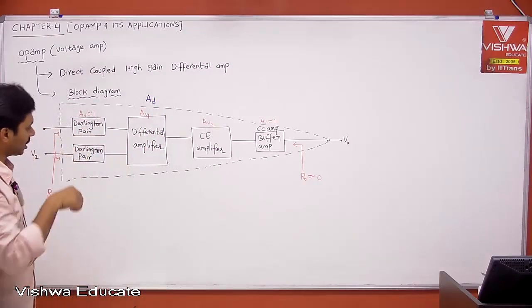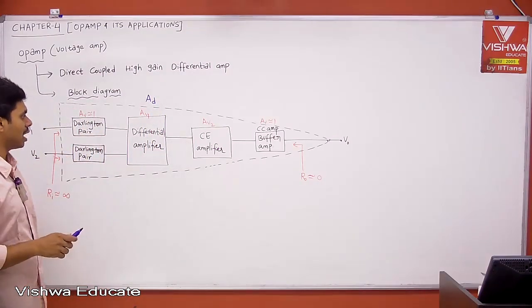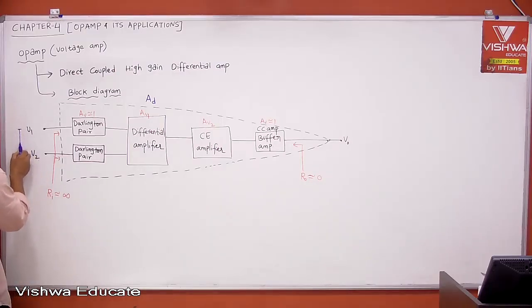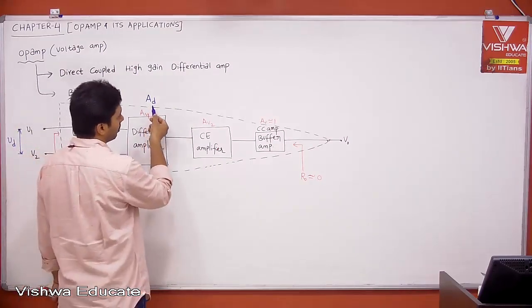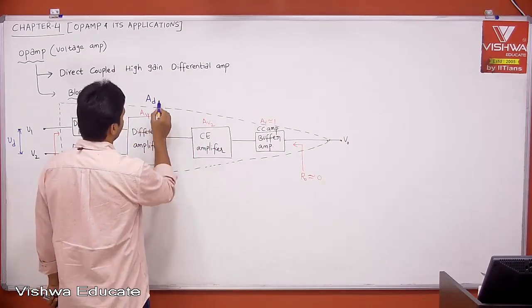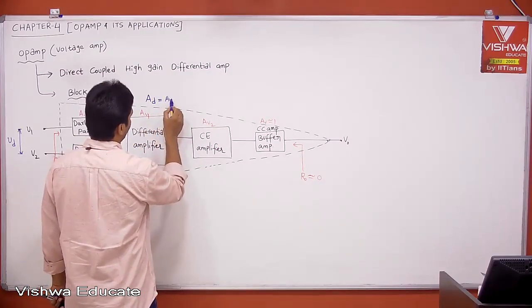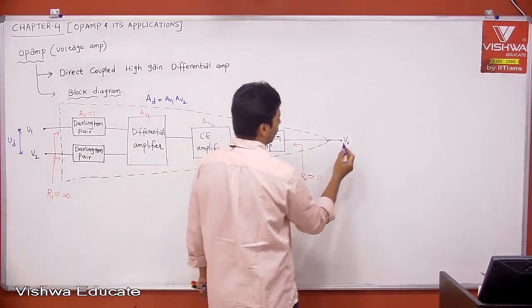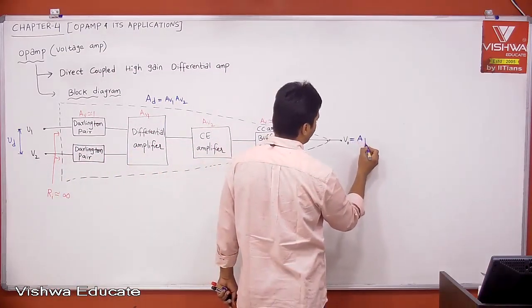I'll explain what is the differential gain associated with the differential amplifier: the difference of your input signal will be amplified. Let us say the difference of your input signal is nothing but your VD, right? Then your AD is nothing but AV1 and AV2. Then if you ask me what is V0, your V0 is nothing but AD into VD.